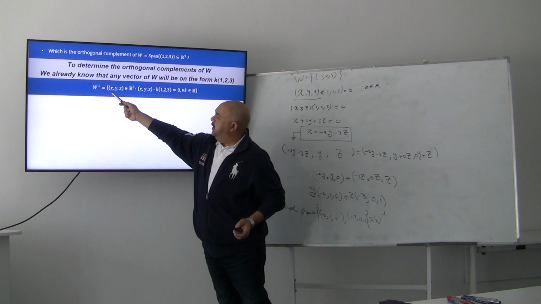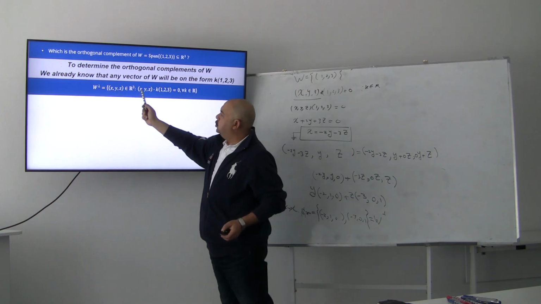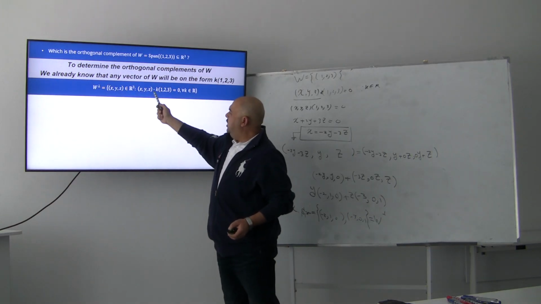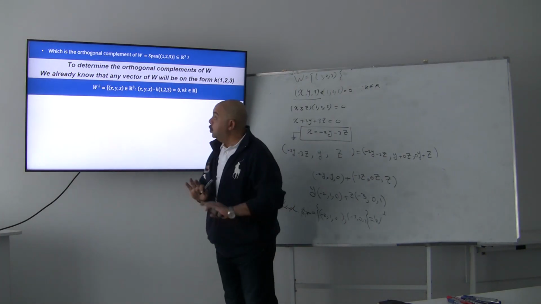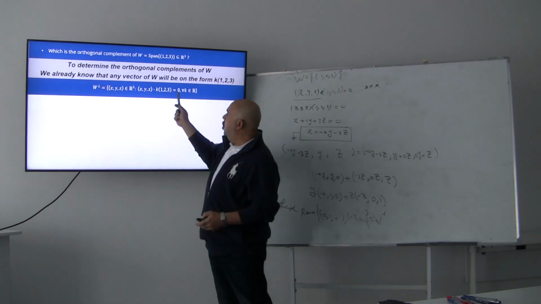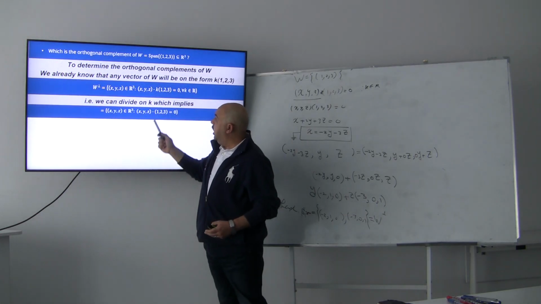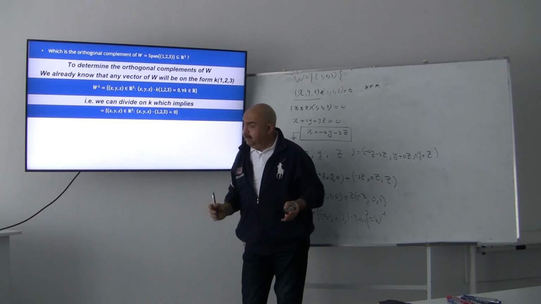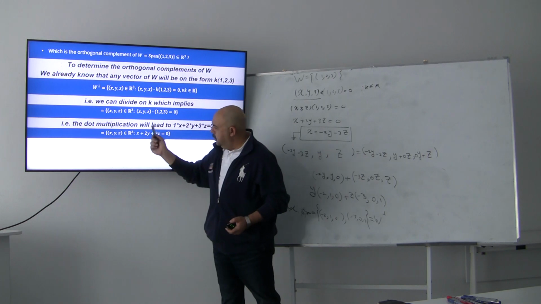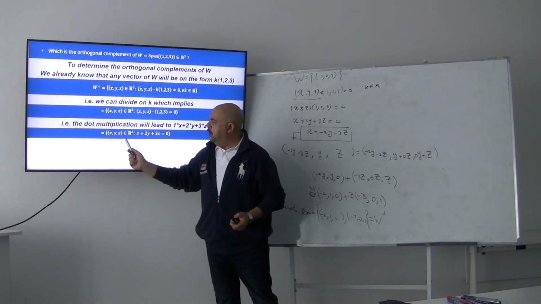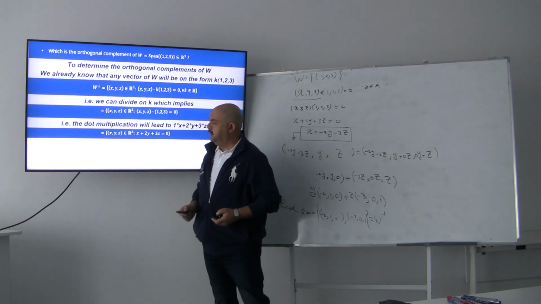So all I have to do is get omega perpendicular, the set of (x, y, z) in R cubed such that (x, y, z) dot k(1, 2, 3) equals 0 for every k in R. I divide by k, so you have x times 1, y times 2, and z times 3, which gives the condition for forming (x, y, z), the main vector for the basis of the orthogonal complement.